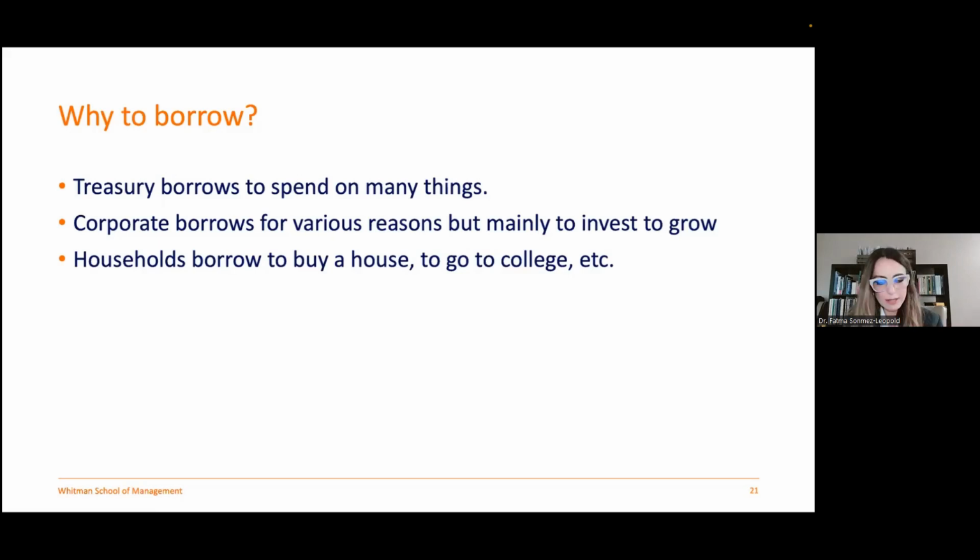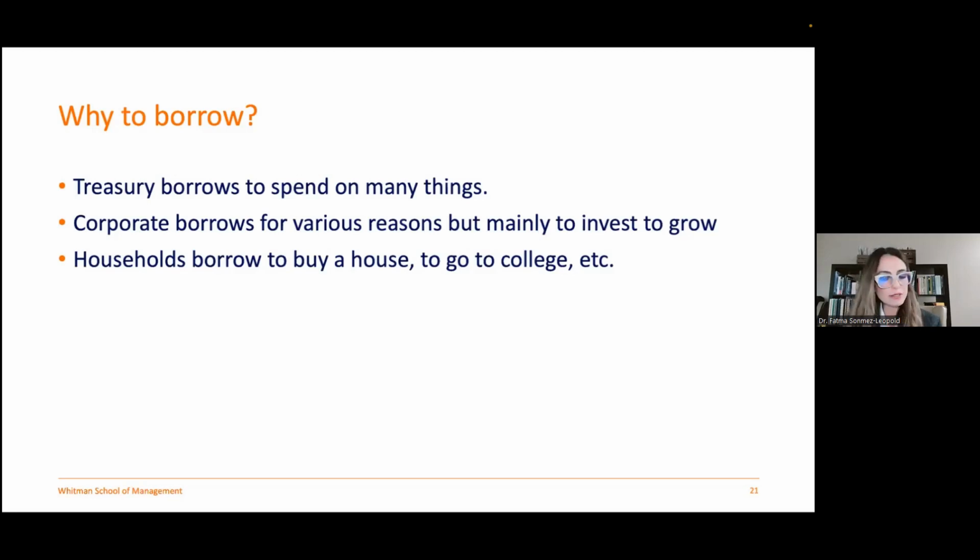But most of the time, the U.S. government doesn't have enough money to spend on things. That's why we call it a deficit, because your income as a Treasury is lower than your spending. So the Treasury has to borrow to close that gap. The Treasury borrows when there's a deficit.